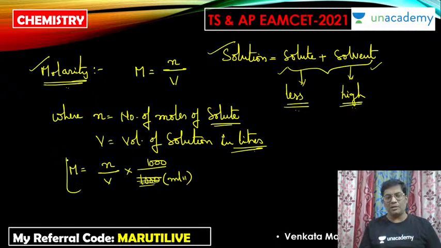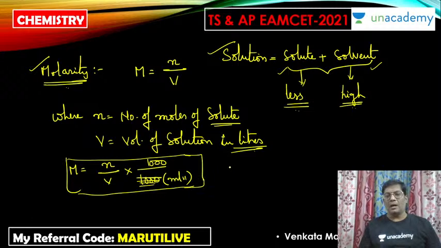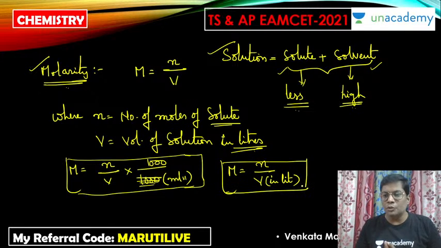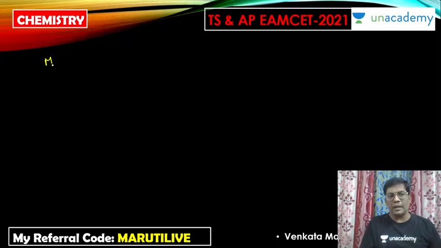So molarity is equal to n by V into 1000, where V is in milliliters. Or molarity is equal to n by V, where V is in liters. So this is the concept of how to calculate the molarity of a given solution. Got it, all of you? So molarity M is equal to n by V, where V is in liters.